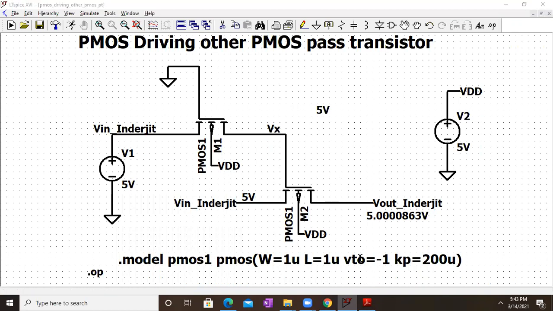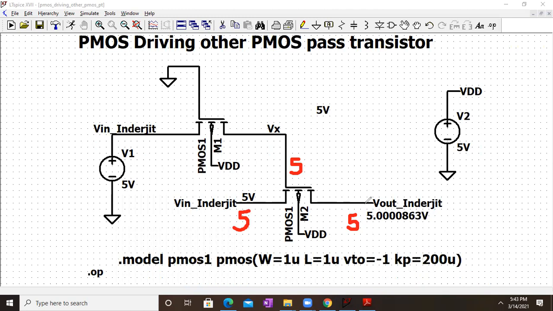Let me use the annotations over here. Right now the situation is that this is at 5 volt, this is at 5 volt, and this is also at 5 volt. That means what? VGS, this is the gate voltage, this is the source voltage. VGS value is 0.